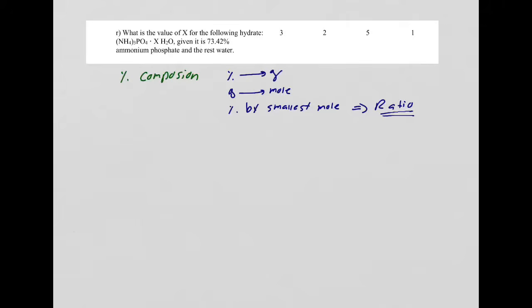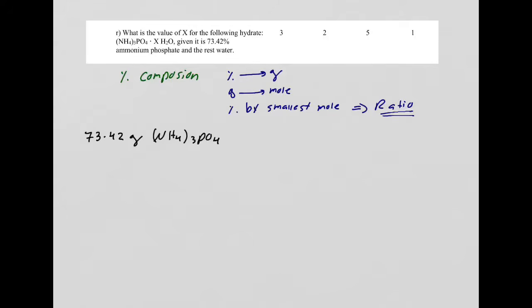Okay, so what this problem is telling you is that, remember, I have percentage to gram. So the first thing I'm going to do, I'm going to say I have 73.42 grams of ammonium phosphate.